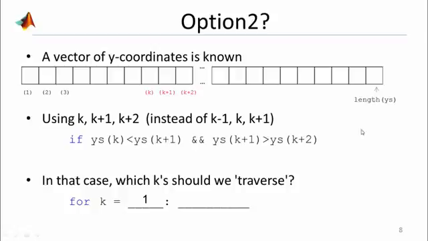We can't use the length as k, because then k plus 1 would be length plus 1 and doesn't exist. K plus 2 would be even worse, it would be 2 points after, it doesn't exist. We can't use length minus 1, because then we're still looking at 2 points after and it doesn't exist. So we have to stop at the length minus 2. So it still works, but there are different mentalities here.